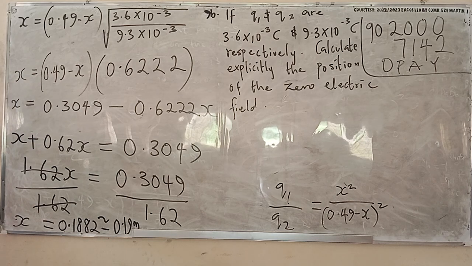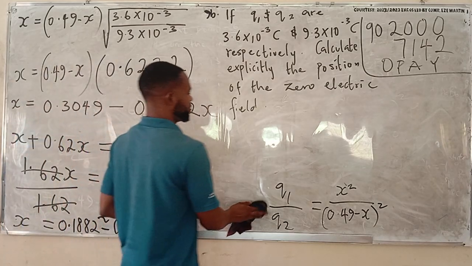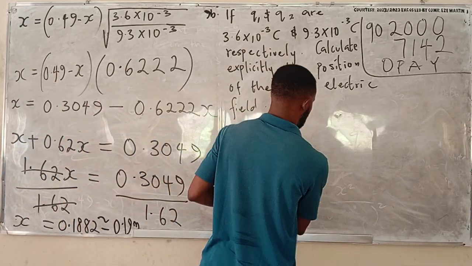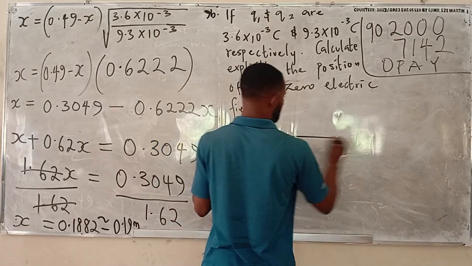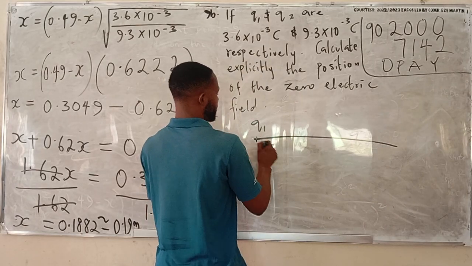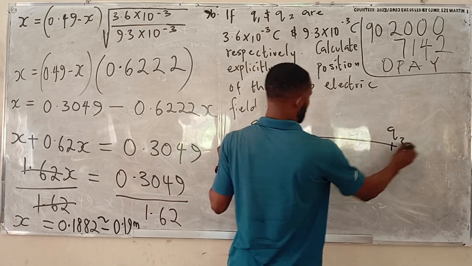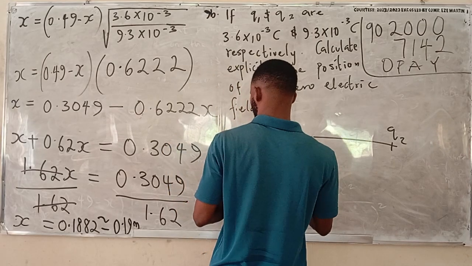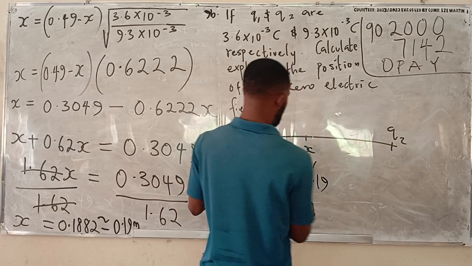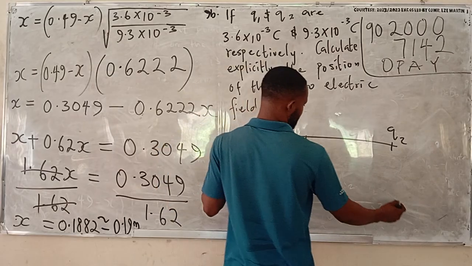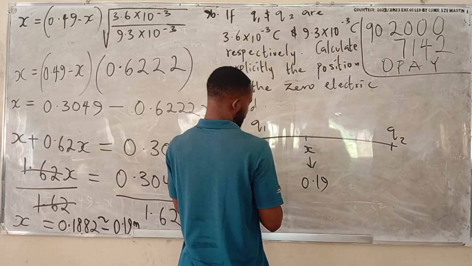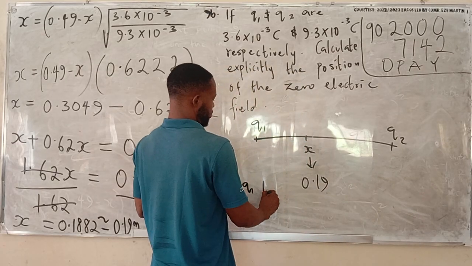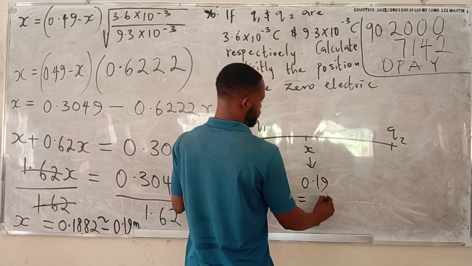So I've gotten x, which means that if I come to the place where I have Q1 and Q2, the place I called x is actually 0.19. If you remember, we said that from Q1 to Q will be equal to 0.19.